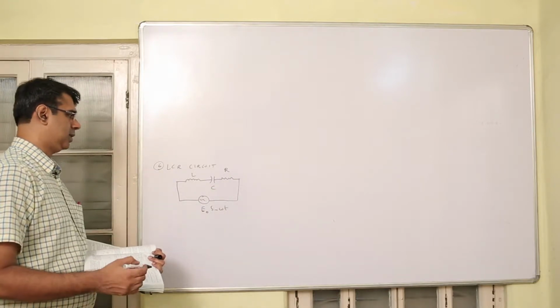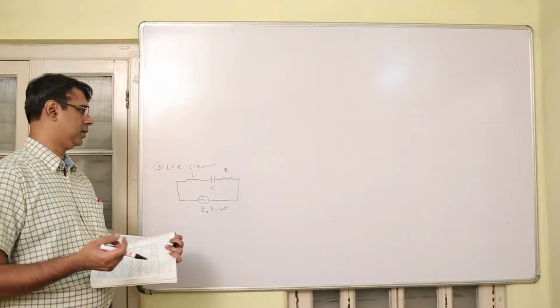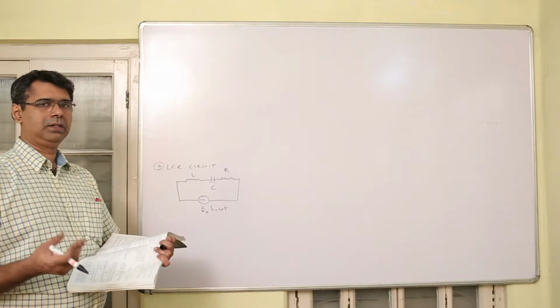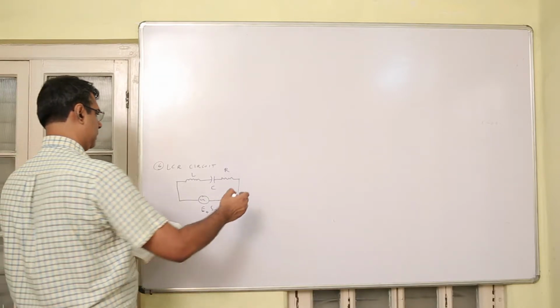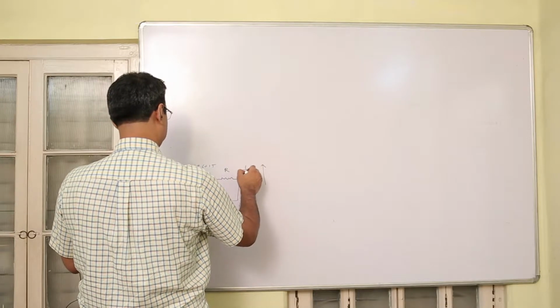Now, in such a circuit, one of the two has to be greater, the reactance of the capacitor or reactance of the inductor. So if the reactance of the capacitor is greater, then the phasor will look like this.